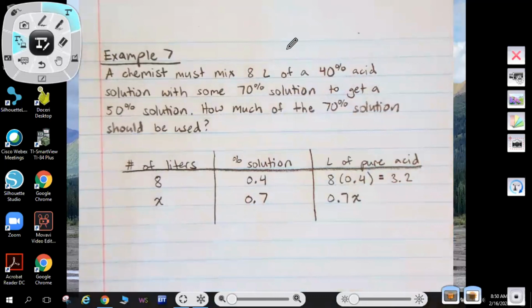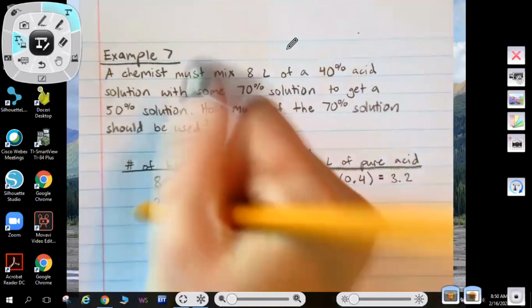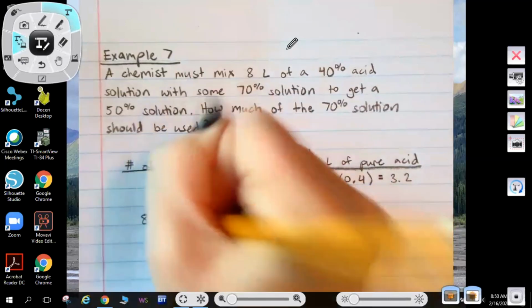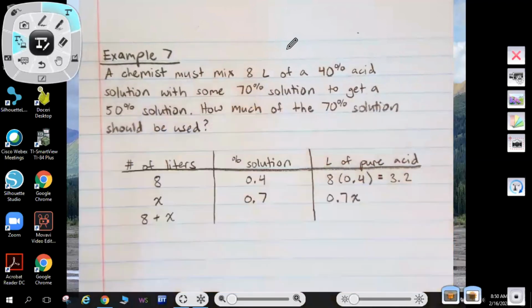Okay, so again, in this third line, we're going to think about totals. So the total number of liters after he mixes this will be the 8 liters that he starts with plus however many liters he uses of the other solution. So 8 plus x is his total. The percent solution that this new mix is going to be is 50%.